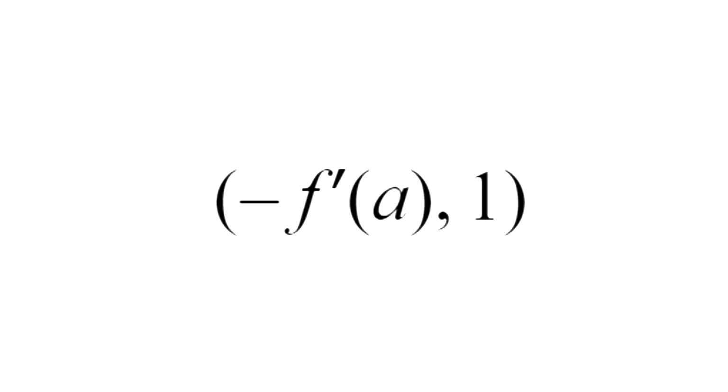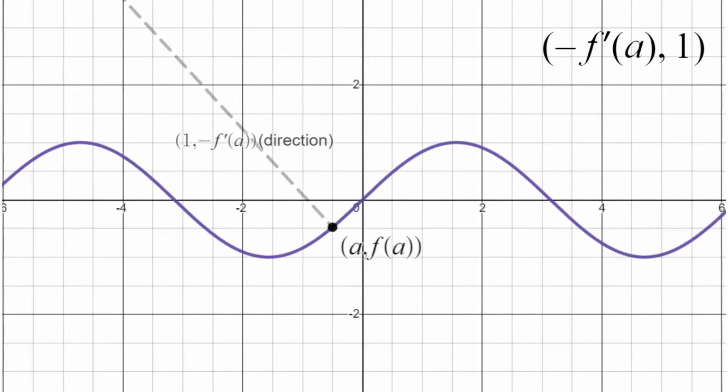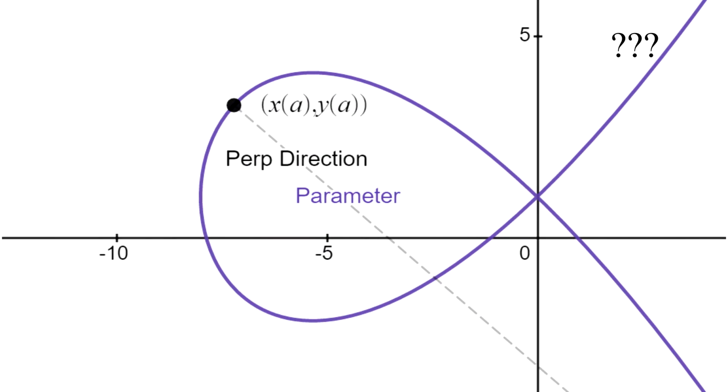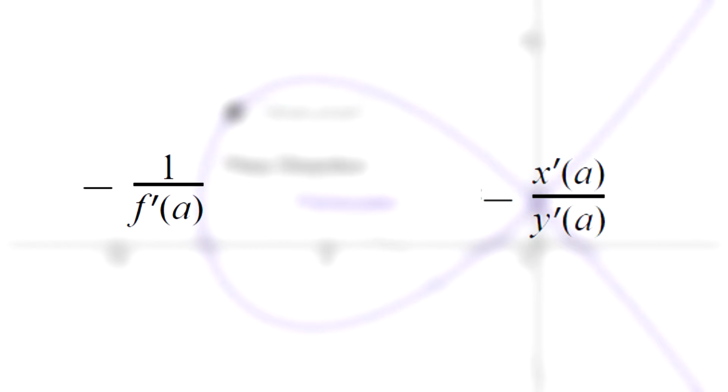If (negative f'(a), 1) is a direction perpendicular to the function, what is a direction perpendicular to the parameter? Here's a hint. Remember the slope expression of the normal line last episode? That slope is, of course, negative x'(a) over y'(a). Now compare that to the normal slope of a function, which to remind you is negative 1 over f'(a).